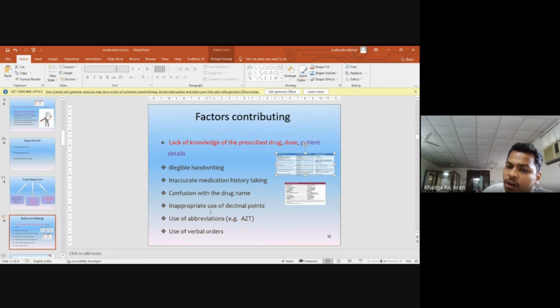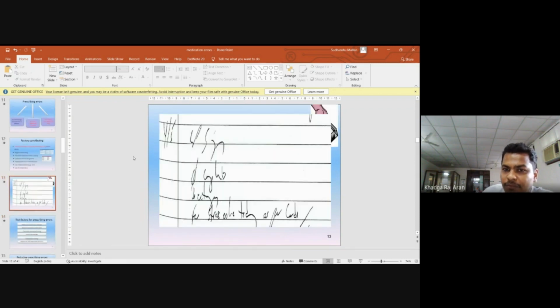Next is the use of abbreviations, which also leads to medication errors. Next is the use of verbal orders, which leads to administration errors. So this is an example of bad handwriting. You can see in this slide, you cannot understand anything of what the physician has written in this particular prescription. So that may lead to medication errors.